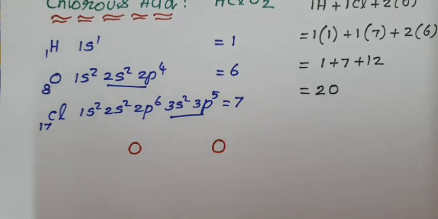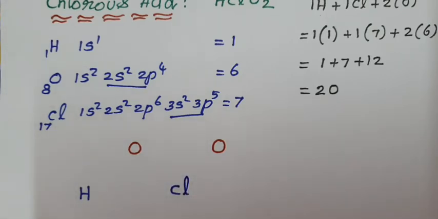There are two oxygens. In between these two, here you have one hydrogen and there you have one chlorine, Cl.